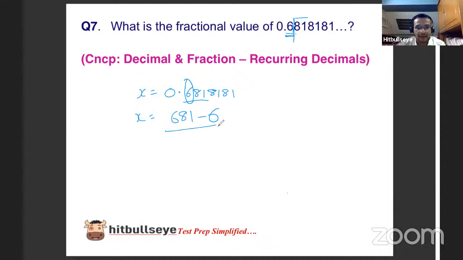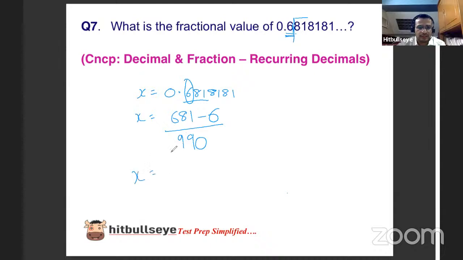Divided by, I write down the nines for the number of digits which are repeating. Here it is 2, so I'll write 2 nines, and 0 for the number of digits which are non-repeating, which is 1 here. I'll write down one 0, which is 990. This becomes the formula for converting into a fraction.